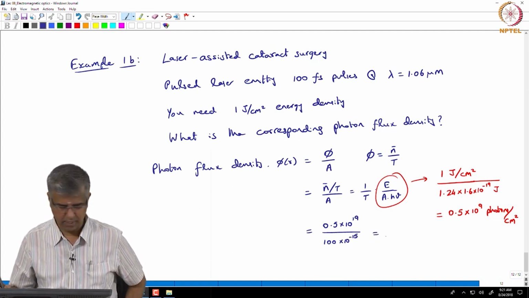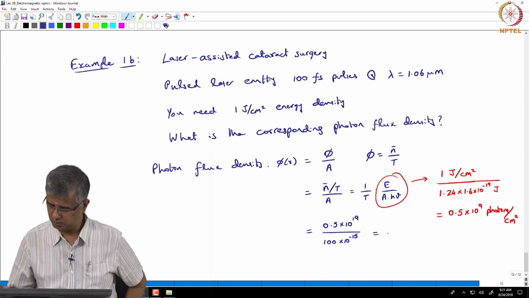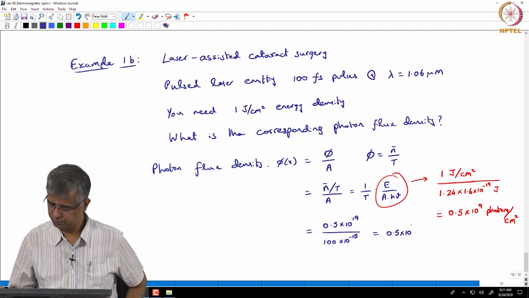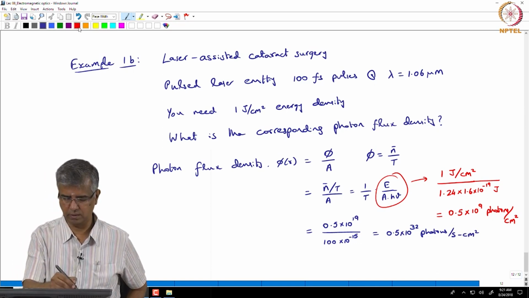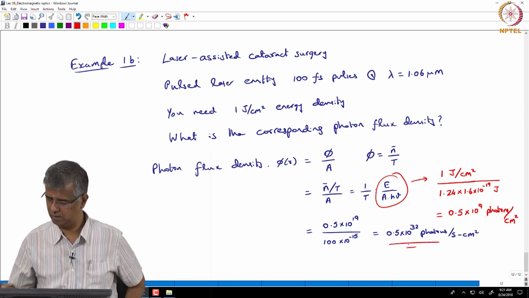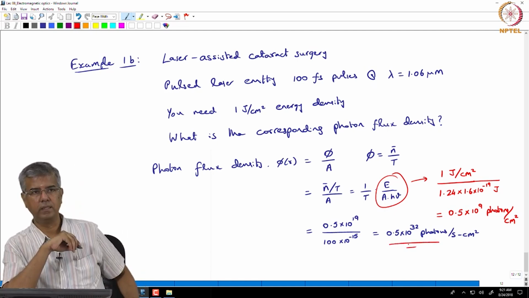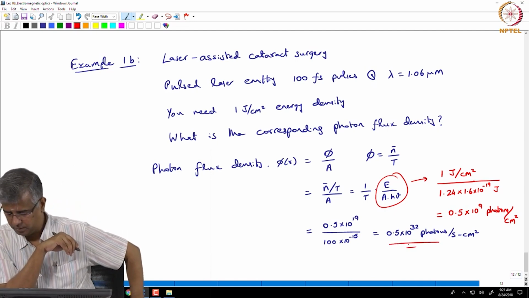So if you do the math, that will come out to be about 0.5 into 10 power 32 photons per second per centimeter square. So that's the photon flux density that you need.